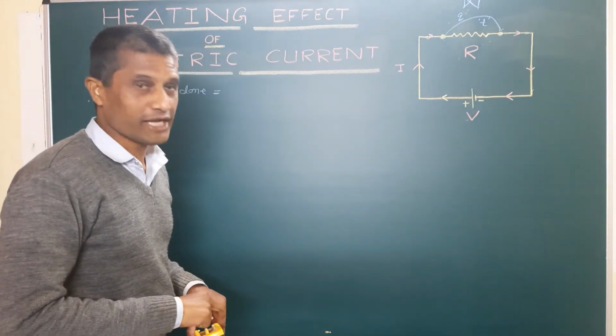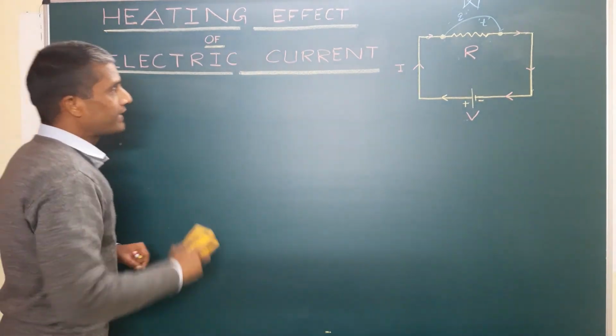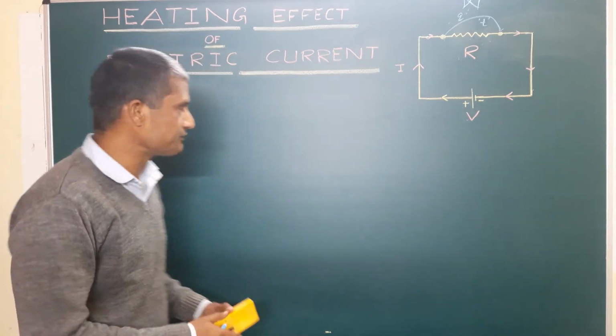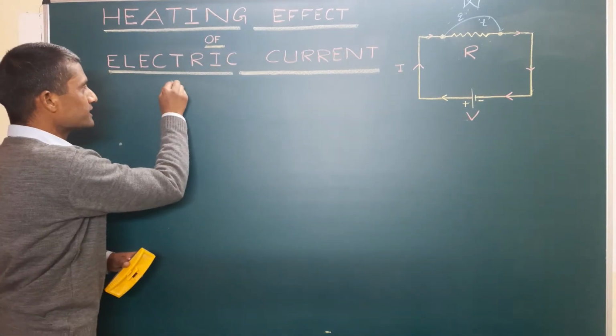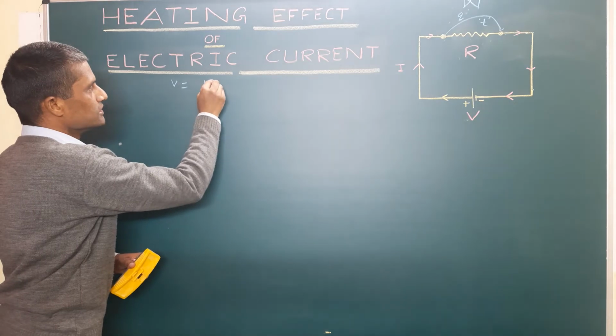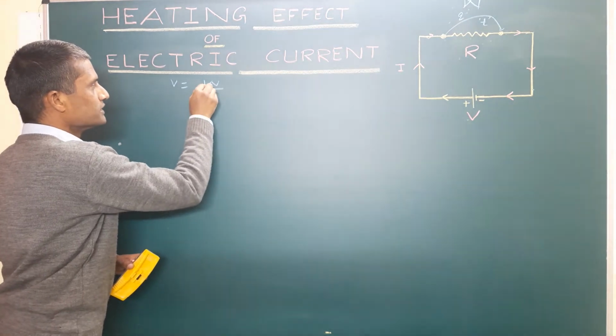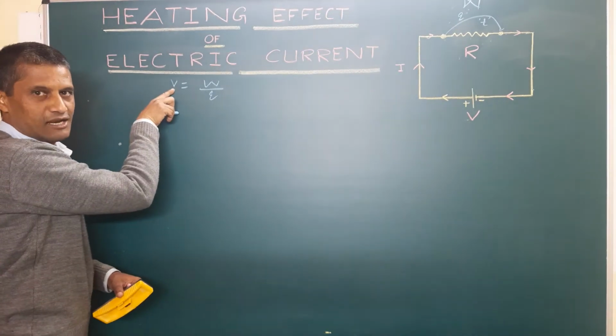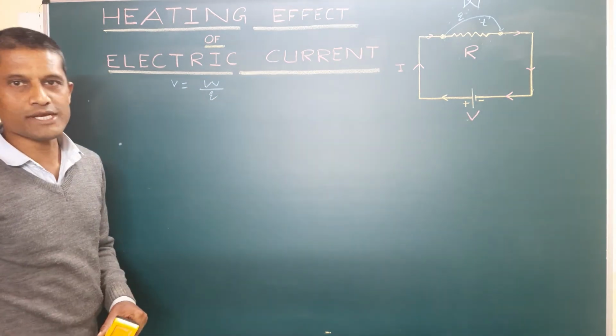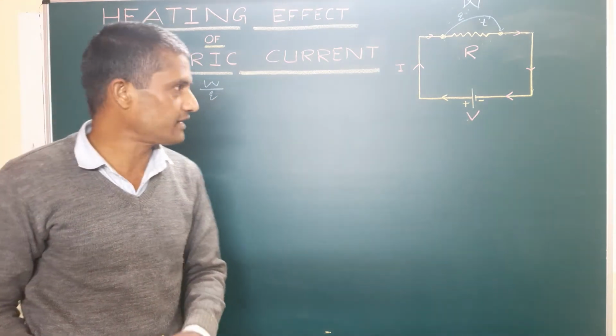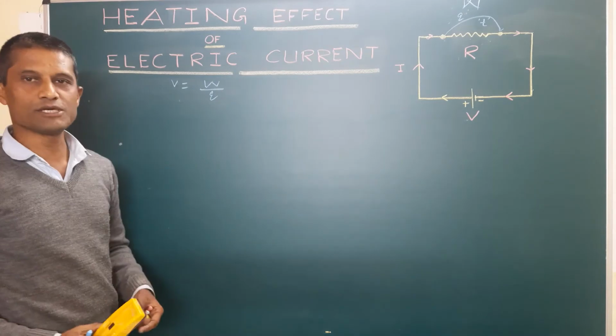If you have any idea about potential difference, let me begin from there. That is what V is equal to W upon Q. That's what potential difference is all about: work done to bring one unit charge from one end to another end. So V is equal to W upon Q.